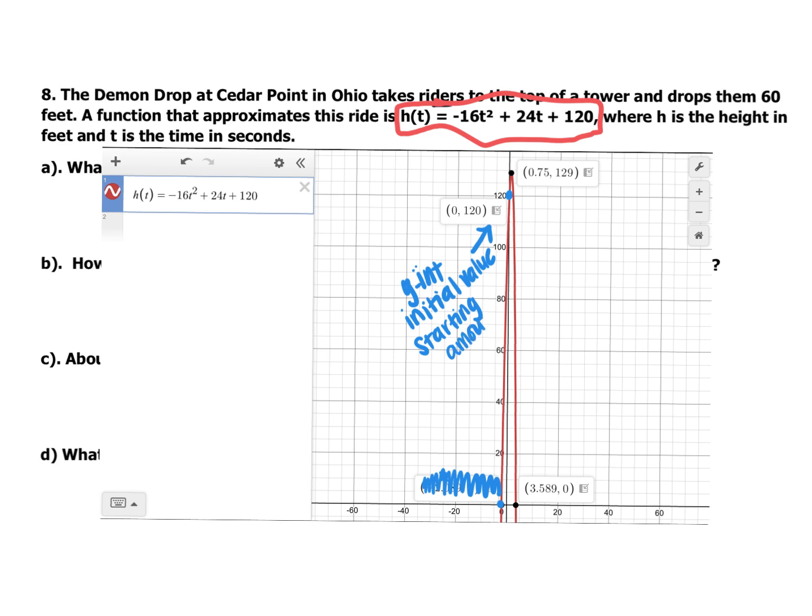The next important piece is this top point here. This is called our maximum. Our maximum has our x value, which represents time, and our y value, which represents our height. So this tells us how high the highest point is on our graph.